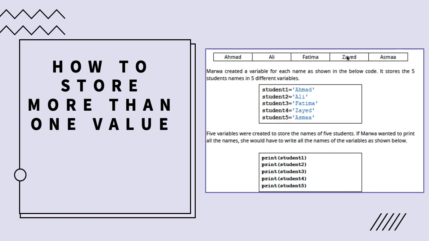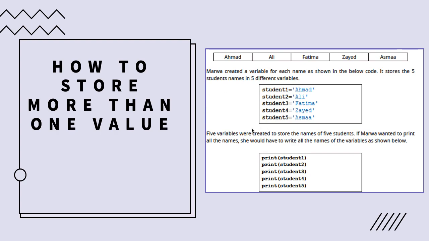And if you want to print these 25 students, you have to write 25 print commands. This way of creating the students' names and printing is not efficient because you have to do too much coding, and it leads to typing mistakes, and it takes more time.